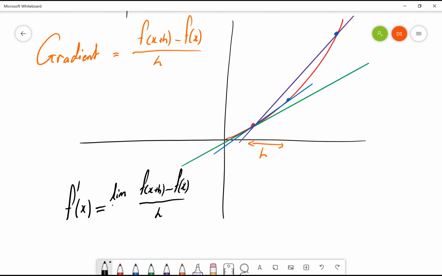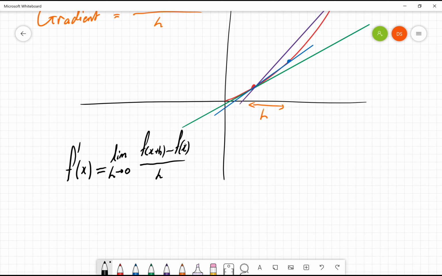We would like the limit as h gets closer and closer to 0. What happens when h is 0? You can't, because what we're saying is the blue dot and the red dot are the same, and that's not okay. And so we're looking at the limit as h tends to 0, and seeing how close to the gradient function we can get.